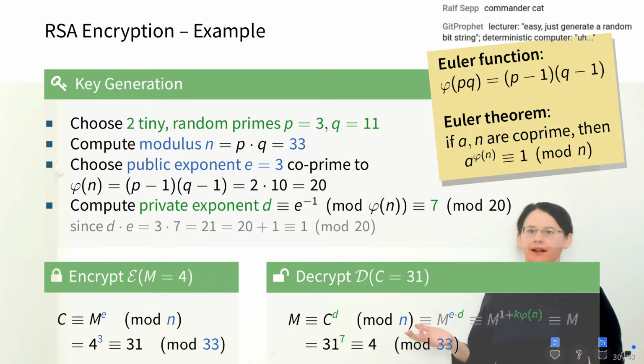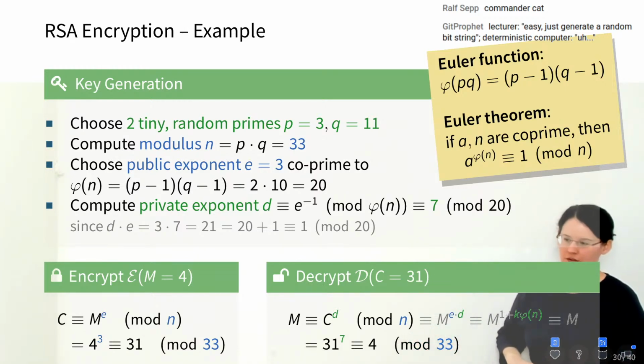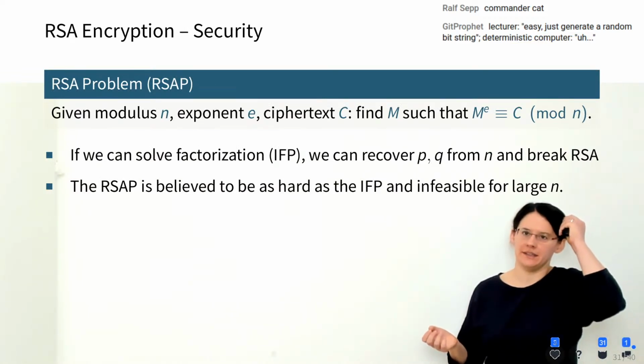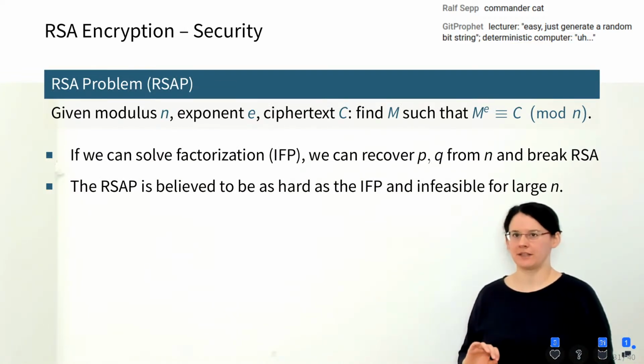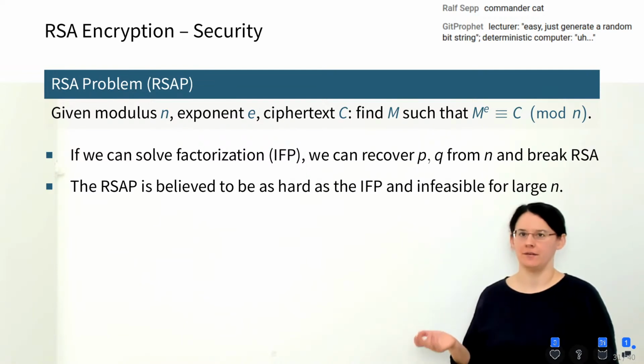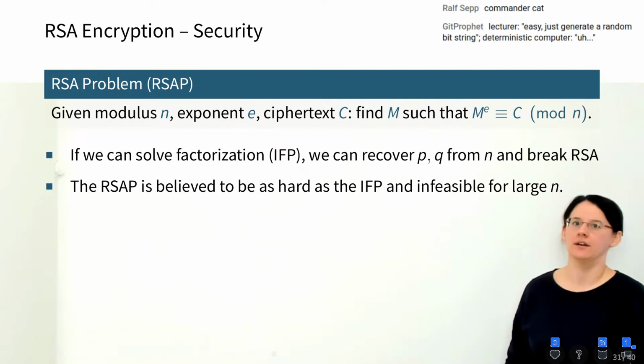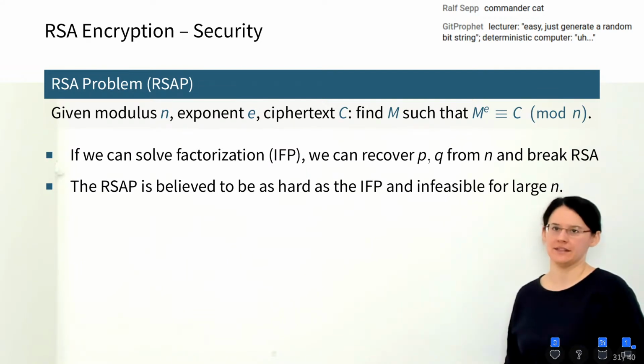One of the reasons why it's not a case of the discrete logarithm problem is that the thing we're trying to find out in the RSA problem is not the exponent, but we're trying to find the message that was raised to the public exponent to get the ciphertext.